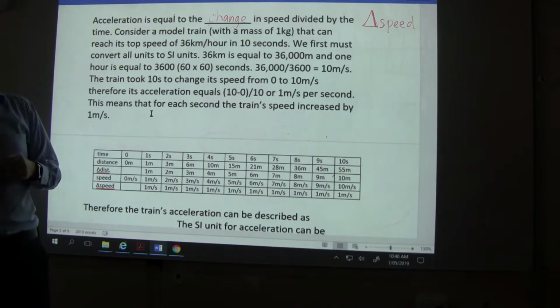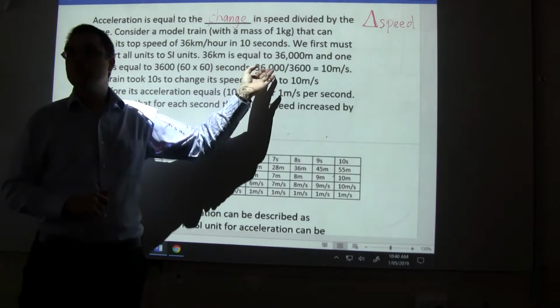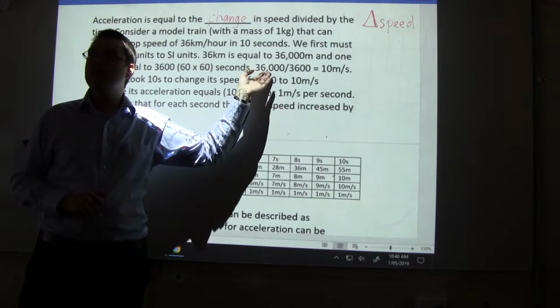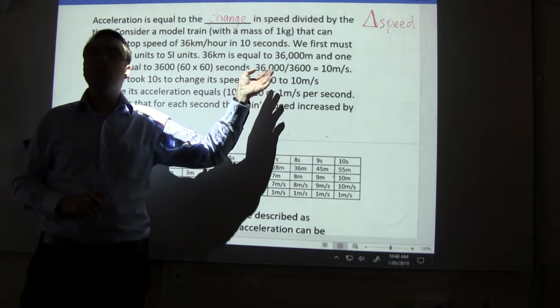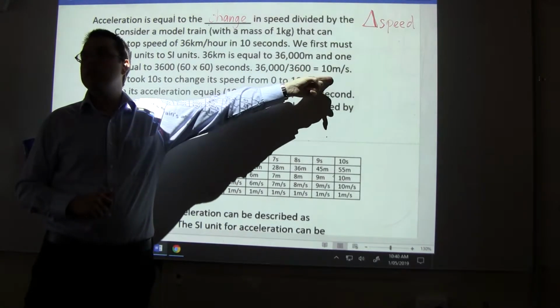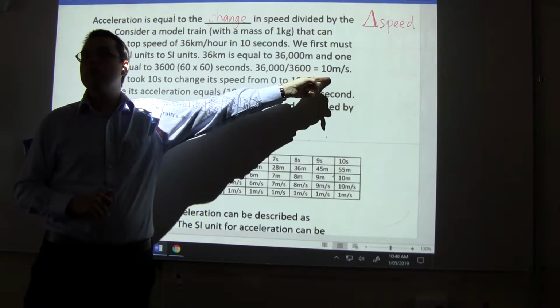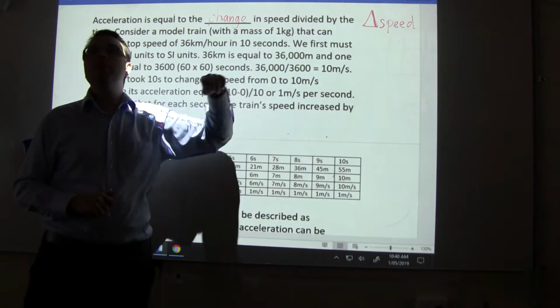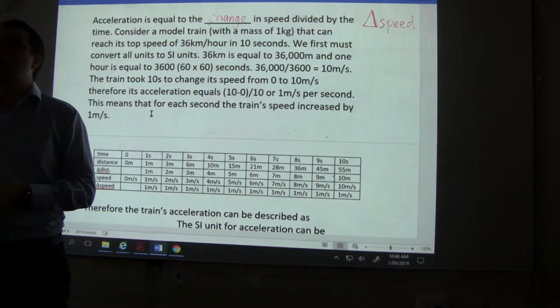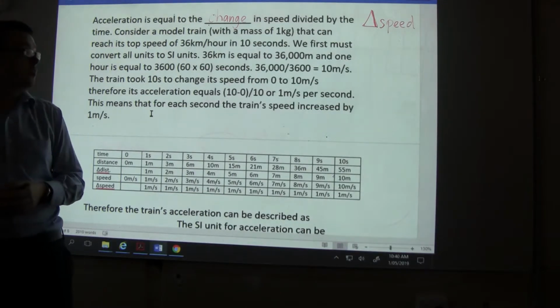3,600, thank you. Because I've chosen nice convenient numbers, what is the speed of the train? What's its highest speed? 10 meters per second. 36 kilometers per hour is 10 meters per second.